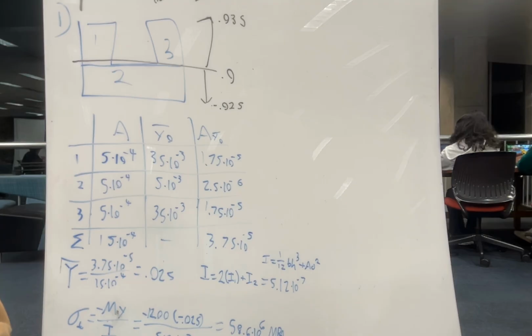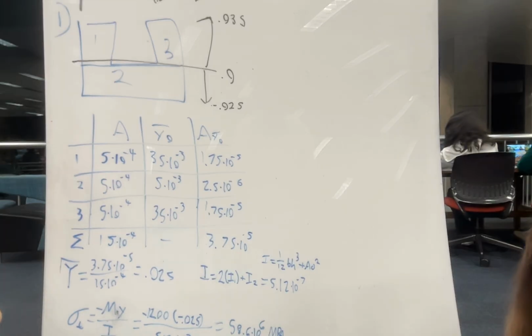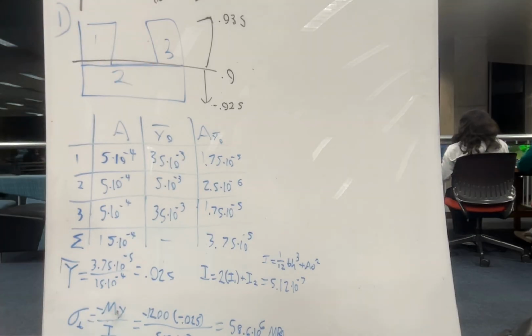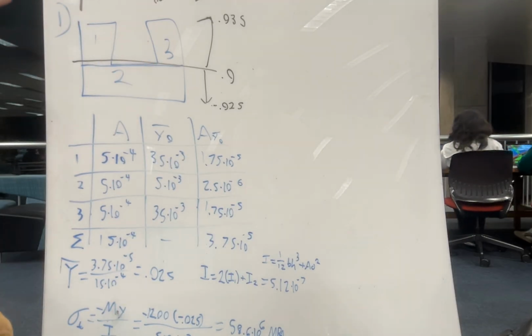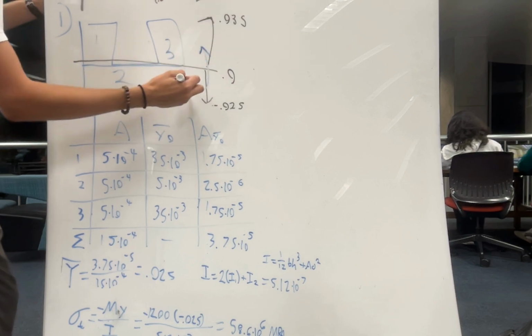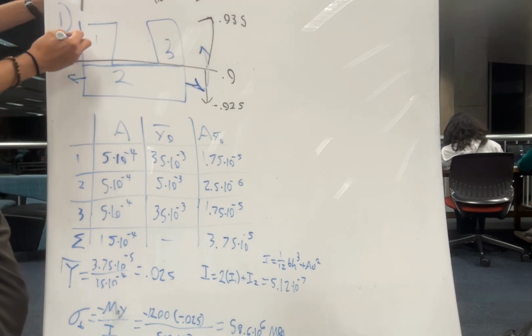Okay, but so the neutral axis is where it experiences no tension or compression, right? Because it's at equilibrium, because of the way the bending moment's working. So if it's bending like this, this force is going to go like this, but as soon as we cross over here, it's being compressed.